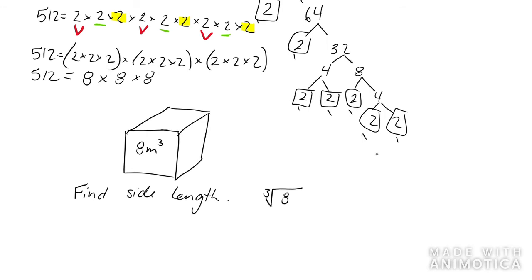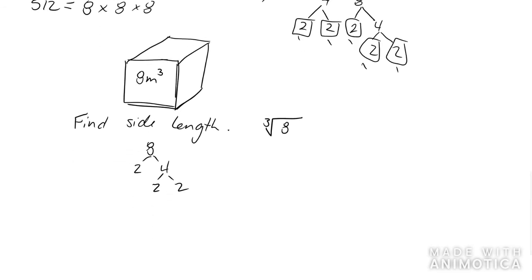Because if this is a cube, then all 3 measurements are going to be the same. So 8, 2 and 4, 2 and 2. So that means it's 2 times 2 times 2, which means that our lengths are going to be 2 meters by 2 meters by 2 meters.